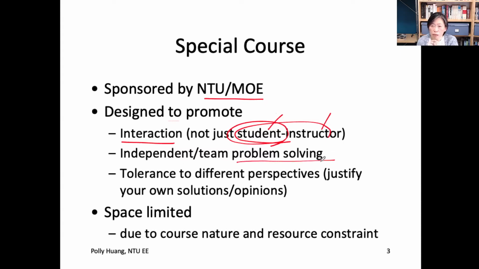Another thing we want to promote is problem solving, in terms of independent problem solving as well as team solving. This is so that you get trained, so that you are a little bit more ready by the time you graduate from college. Because we are all slightly different in personality, some of you are more loners, so it's okay.